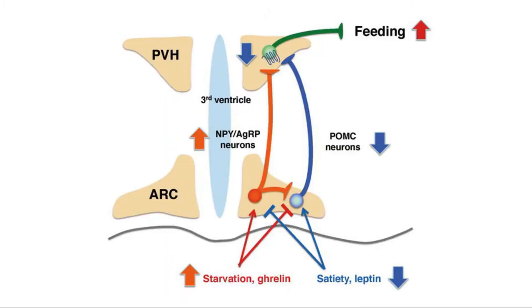POMC, pro-opiomelanocortin, and CART, cocaine and amphetamine regulated transcript neurons, activate efferent neurons that enhance energy expenditure and weight loss through the production of molecules such as alpha melanocyte stimulating hormone that reduce food intake. Alpha melanocyte stimulating hormone signals through the melanocortin receptor.